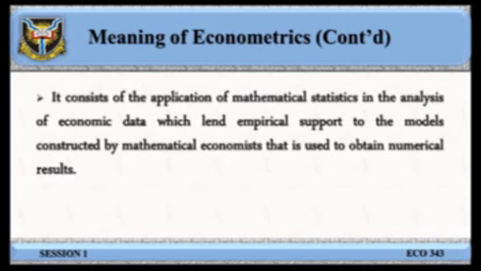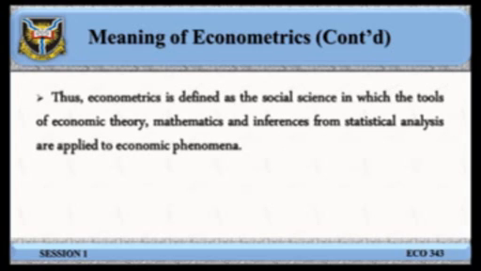Econometrics consists of the application of mathematical statistics in the analysis of economic data, which lend empirical support to the models constructed by mathematical economists that is used to obtain numerical results. Thus, econometrics is defined as the social science in which the tools of economic theory, mathematics, and inferences from statistical analysis are applied to economic phenomena.